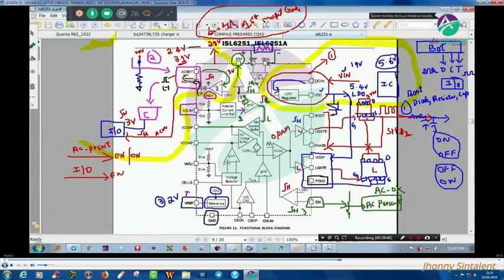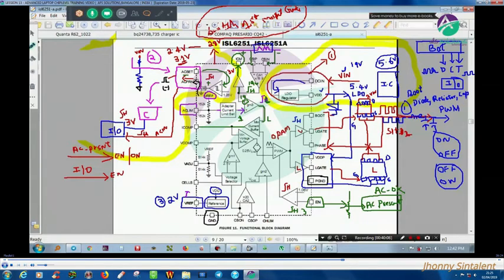When the lower MOSFET goes to on condition, whatever the high voltage here, it will go to ground. That's why it is called a power ground. It will discharge, and this ground voltage will reach here to generate a ground pulse. So this is called my PWM output voltage.